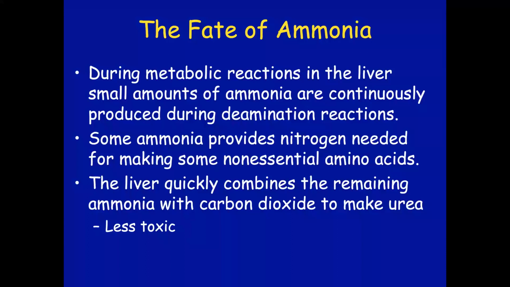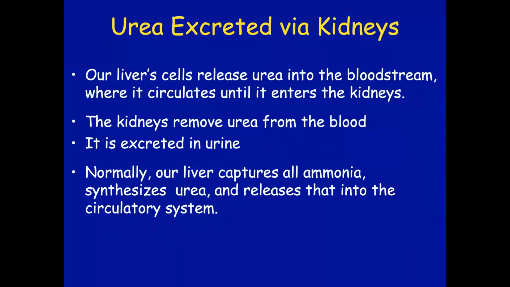So the liver will pretty quickly combine the remaining ammonia with carbon dioxide to make the less toxic urea. That urea will be put into the circulatory system where it moves off to the kidneys, and the kidneys will get rid of urea in the blood, and you excrete it as urine.